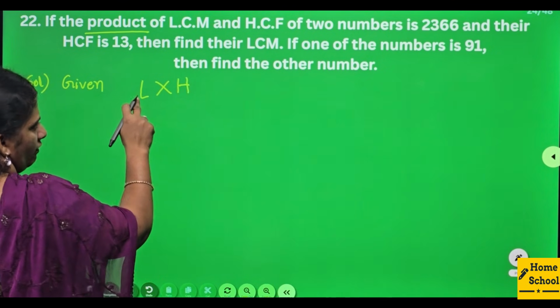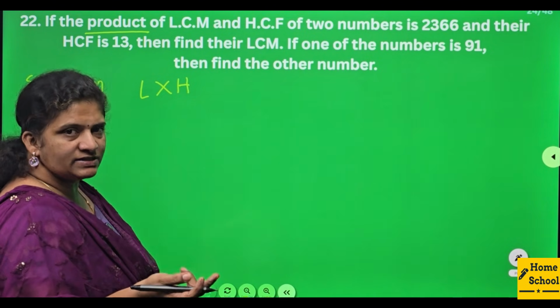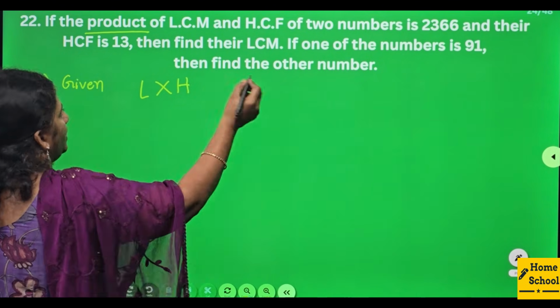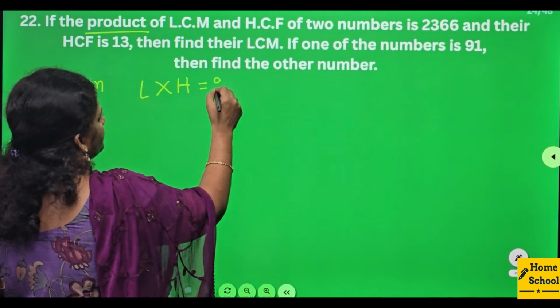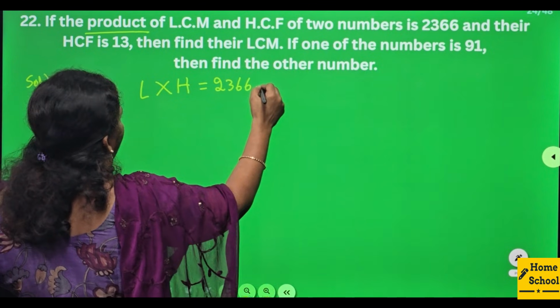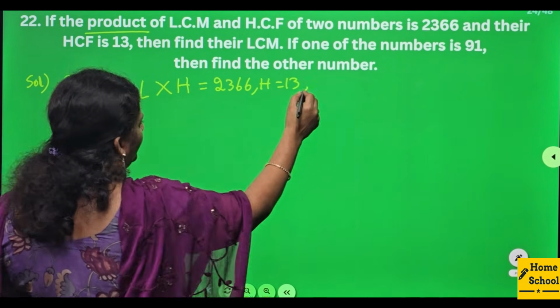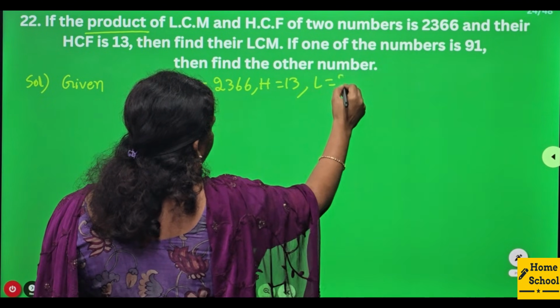The product of LCM and HCF of two numbers, let the two numbers be A and B, is 2366 and their HCF is equal to 13. Find their LCM.